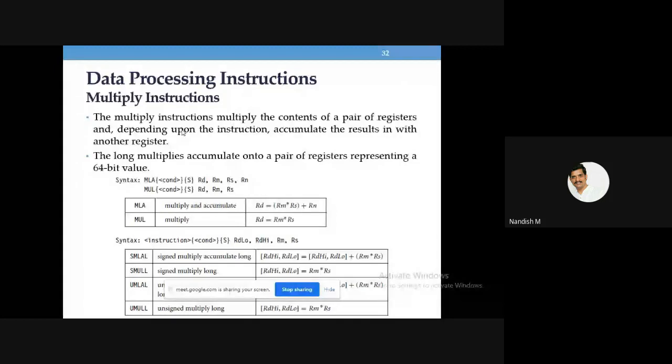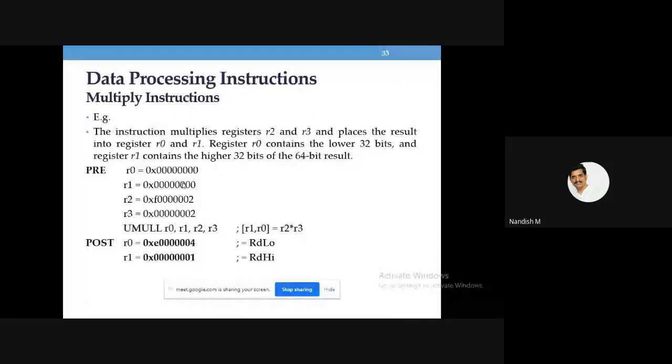This is how we are going to use it. UMULL R0, R1, R2, R3 means R2 and R3 will be multiplied and the result will be stored: the lower 32 bit in R0, and the higher 32 bit in the register R1.